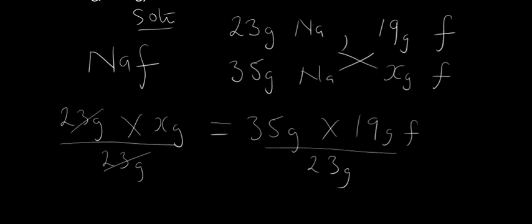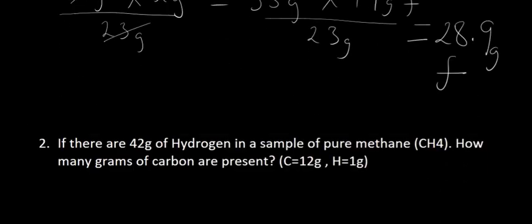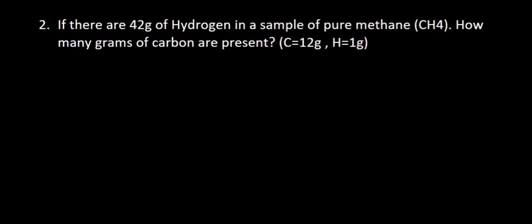Then you are now left with 35 times 19 divided by 23, which is going to give you 28.9 grams of fluorine. That is it.